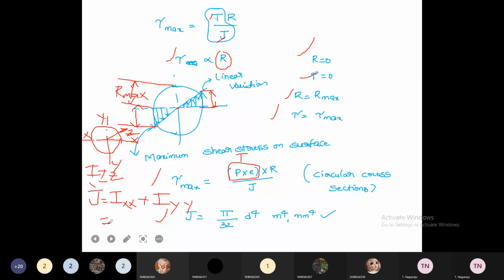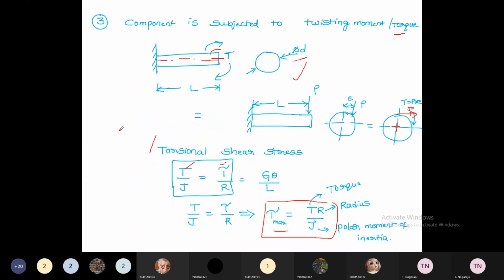Then the polar moment of inertia is pi by 64 d power 4 plus pi by 64 d power 4, since it is symmetric. If you simplify it, you'll get the polar moment of inertia. The units may be meter power 4 or mm power 4. This is about the shear stress distribution, especially for members subjected to torsion.